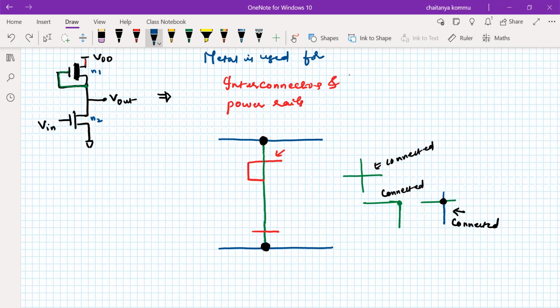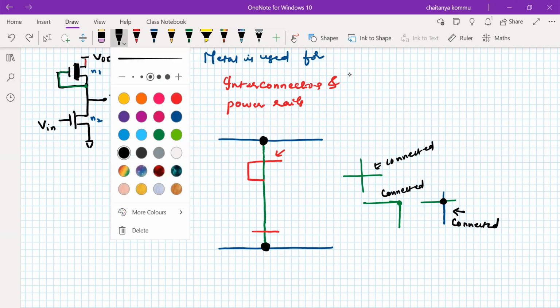But the problem is a transistor will form, but our requirement is not a transistor. Here actually a contact is required. So for that we have to use a buried contact. How do we draw the buried contact? It's a brown color that I have to use.